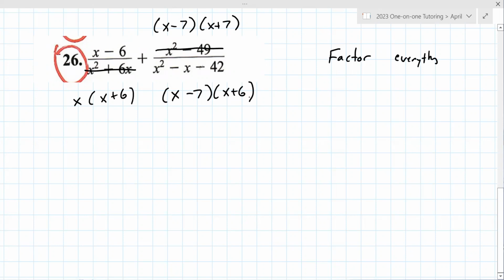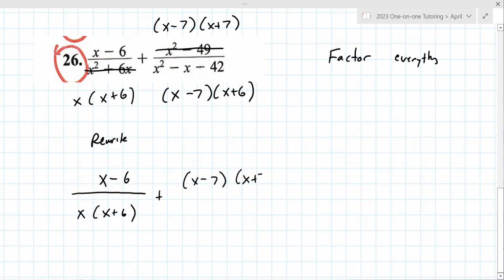Now I'm going to rewrite. So this becomes x minus 6 over x times x plus 6, plus x minus 7, x plus 7 over x minus 7, x plus 6.